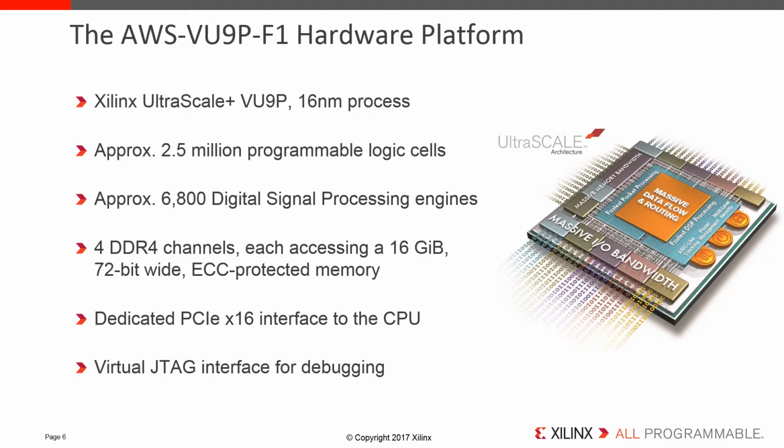The Xilinx VU9P FPGA is a high-density device fabricated in a 16-nanometer process. A single VU9P provides over 2.5 million logic cells, more than 6,800 DSPs, and 4 DDR4 channels providing a total bandwidth of 48 gigabits per second. With these specifications, the VU9P allows for massive I/O transfers and massive parallelism and is ideal for accelerating compute-intensive applications.